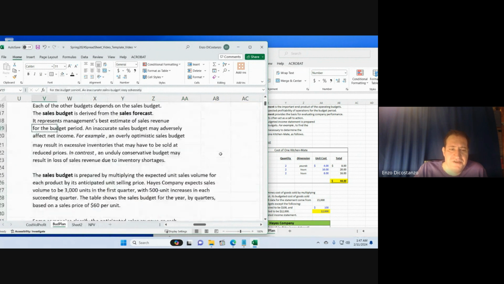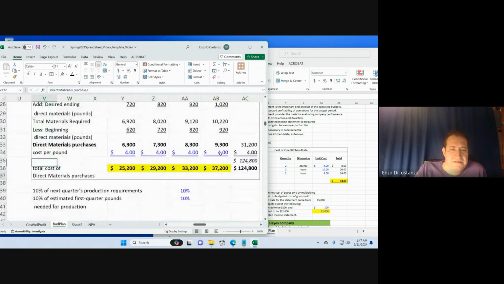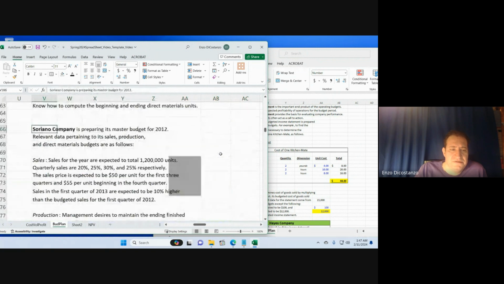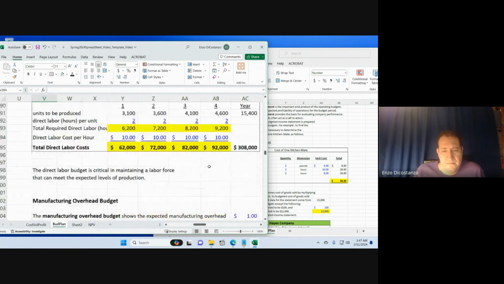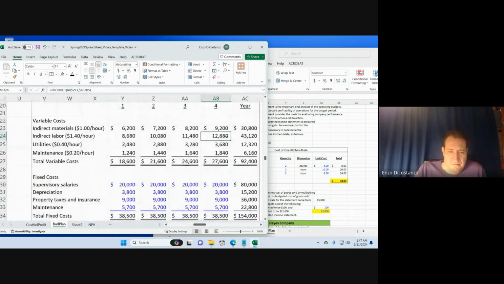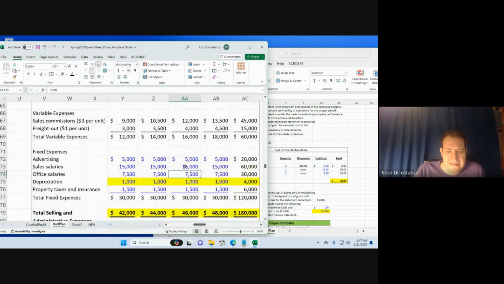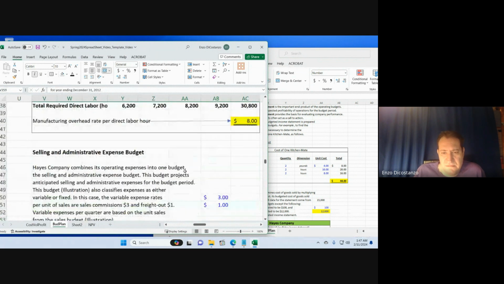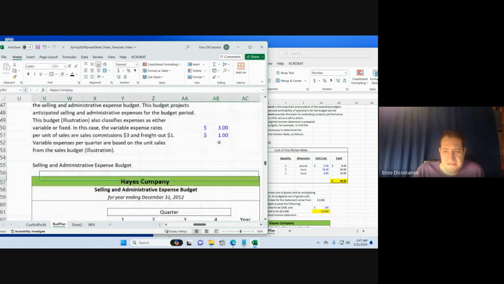Now, again, it makes you go back and look at your work, right? This is materials. Labor is 10. And the overhead is that $8. That's that 8. It's here, it's there, it's a couple different places.